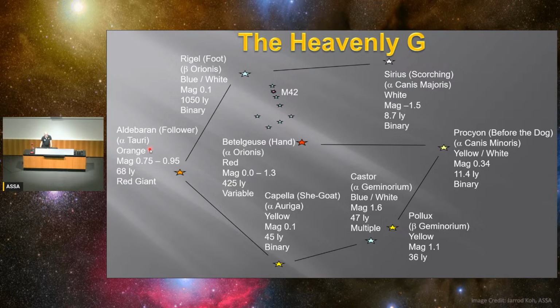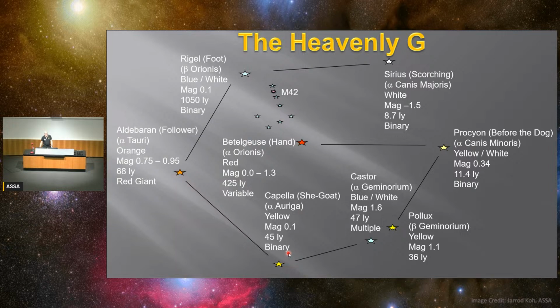It's probably similar mass to the sun, but it's exhausted its hydrogen fuel and it's turned into a red giant. As with most red giants, it's variable. So it varies between 0.75 and 0.95 magnitude, and it's about 68 light years away. Then when we head towards the horizon, we come to Capella.